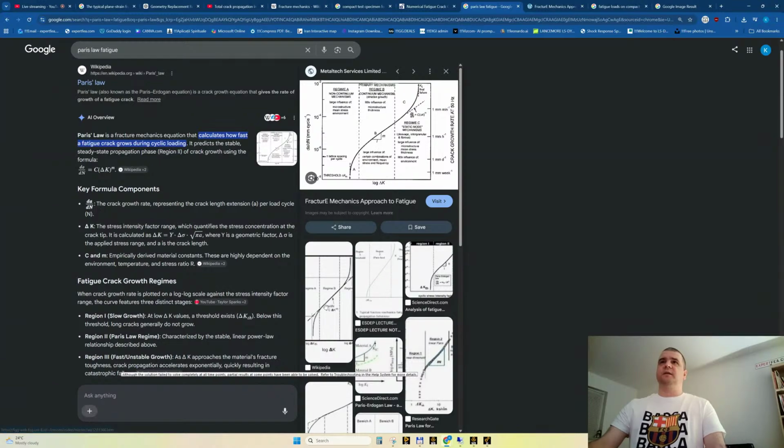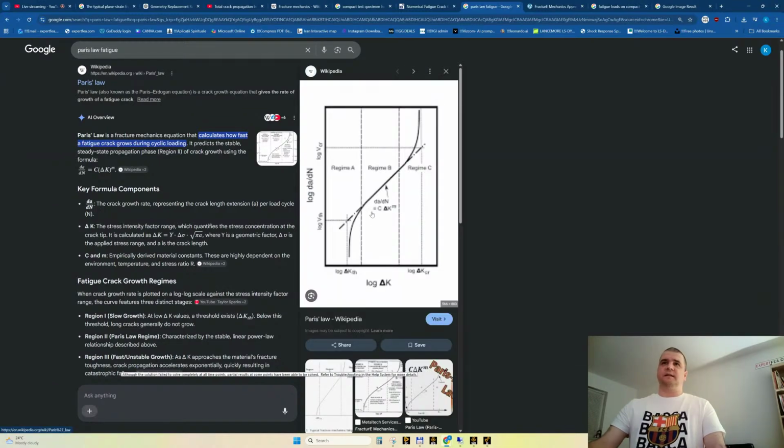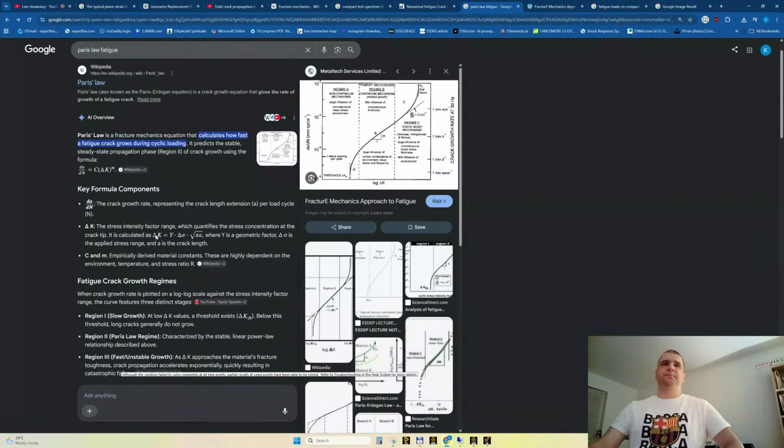So this linear domain is defined by this equation. Why I reminded you about this equation, by the way, this is the stress intensity factor here.